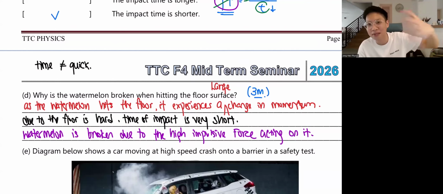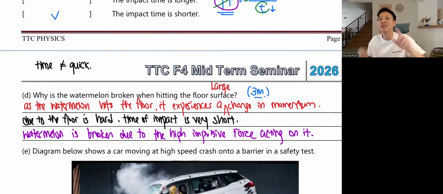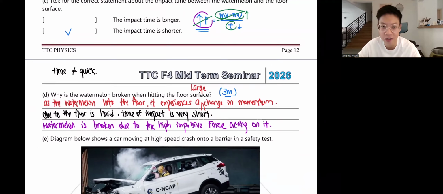I cannot say that the time becomes faster. You're not freaking Doctor Strange. You cannot manipulate the time space. So you will say either shorter time or longer time. That's it. Don't say faster time, slower time. Don't say fast slow. So we say the time of impact is very short. So yeah, that's it, 3 marks.